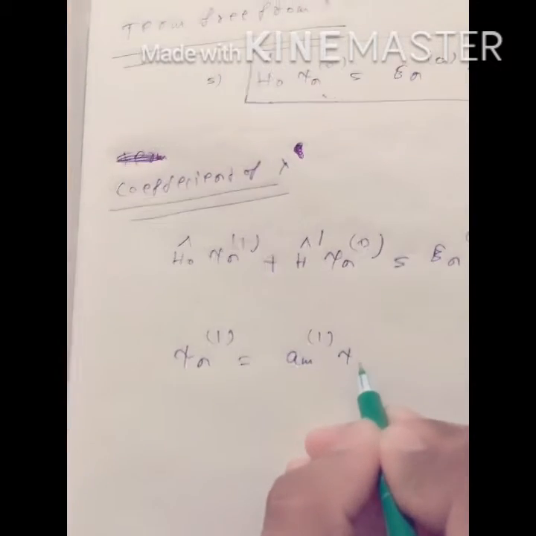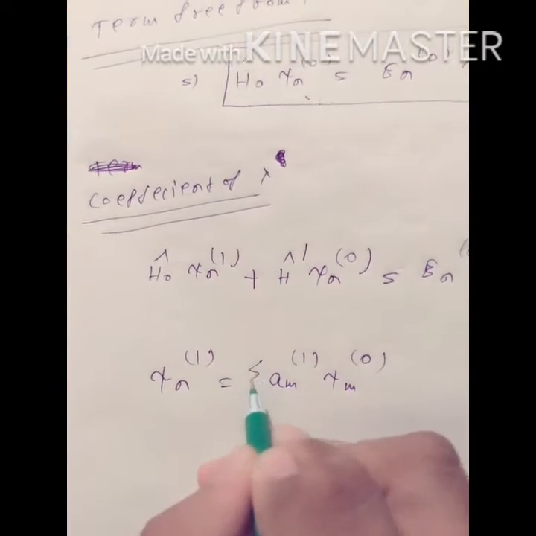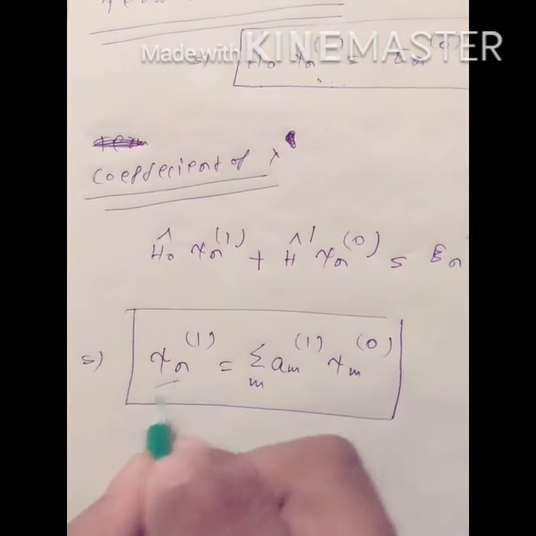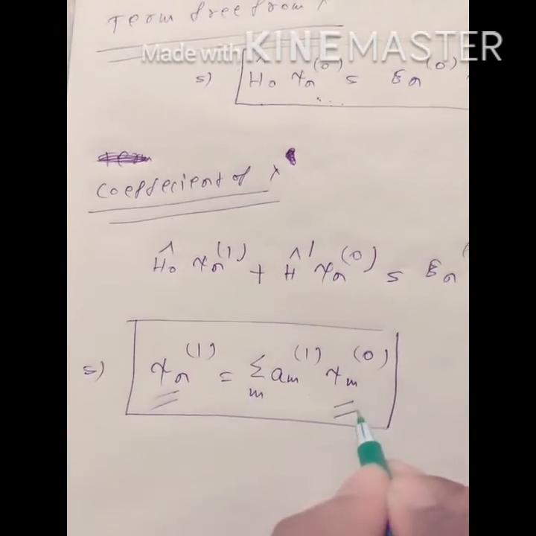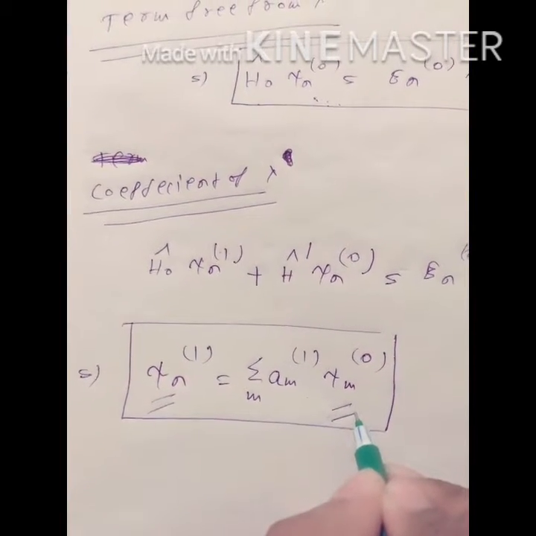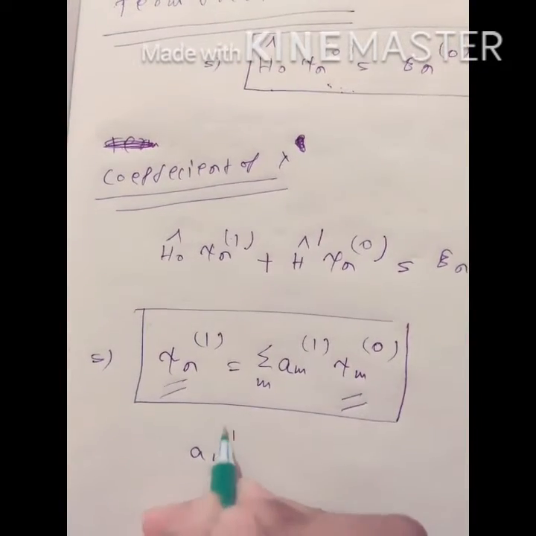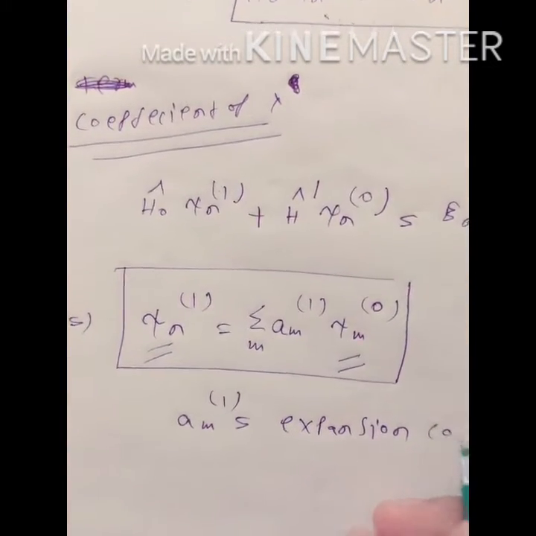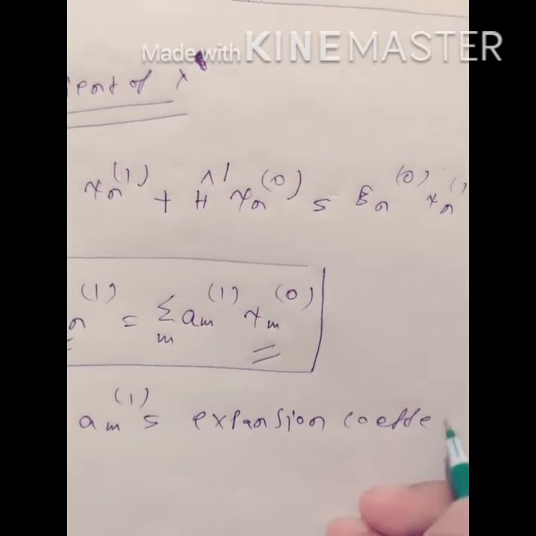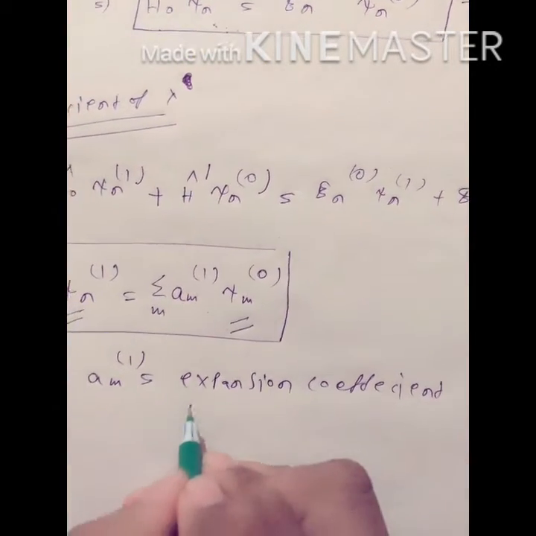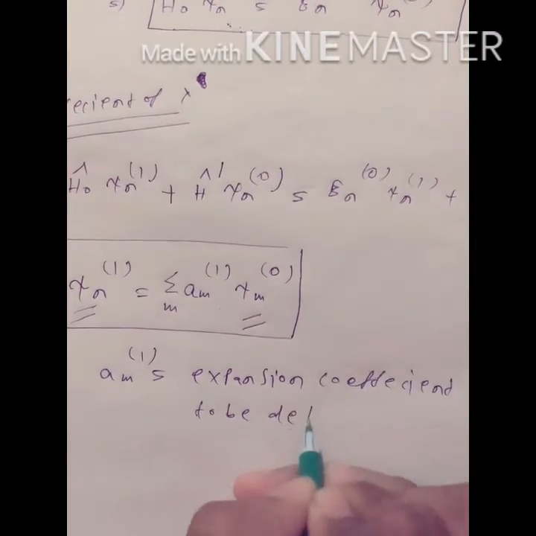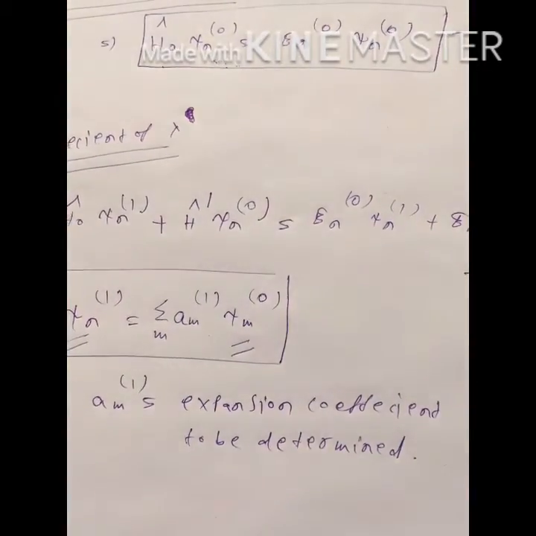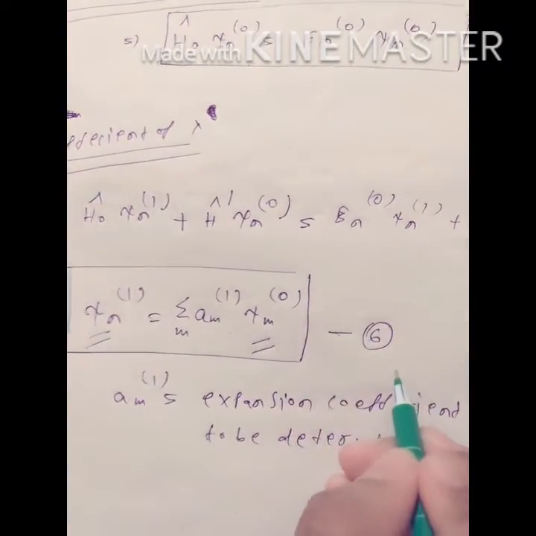We can write psi n1 as the sum over m of am1 psi m0, where am1 is the expansion coefficient to be determined. We have to determine this coefficient. This is equation number 6.